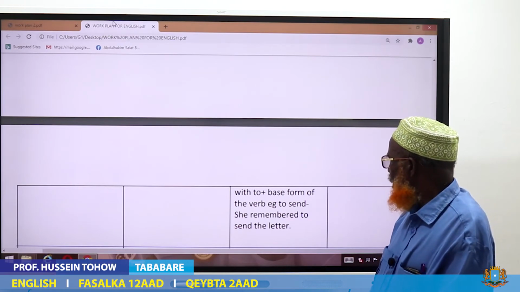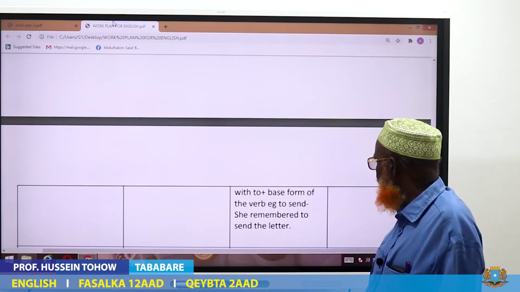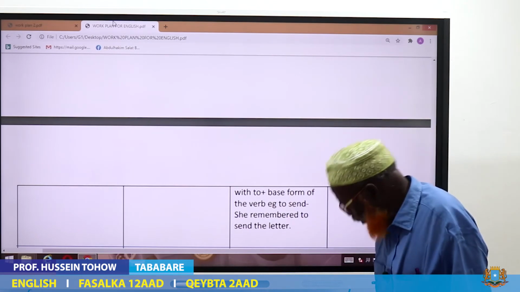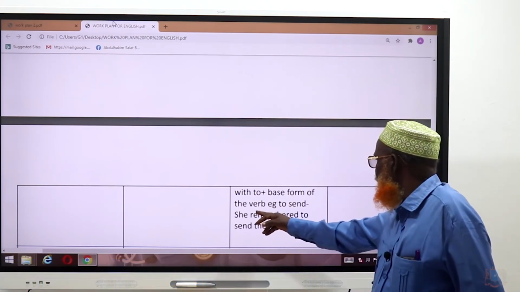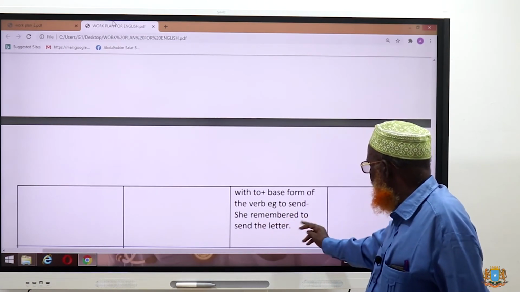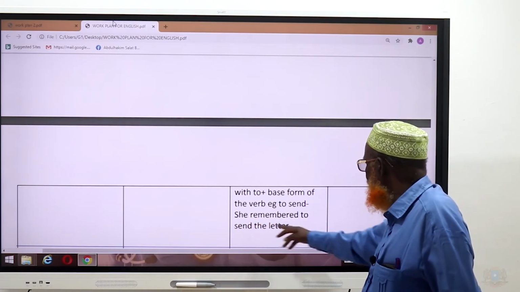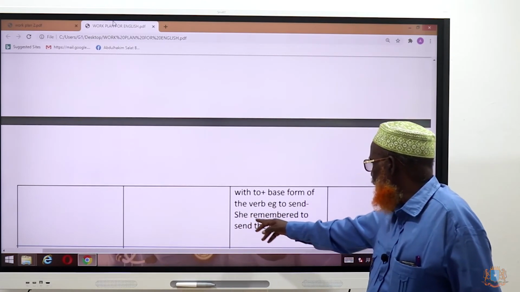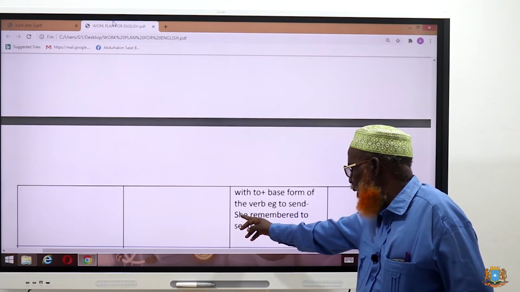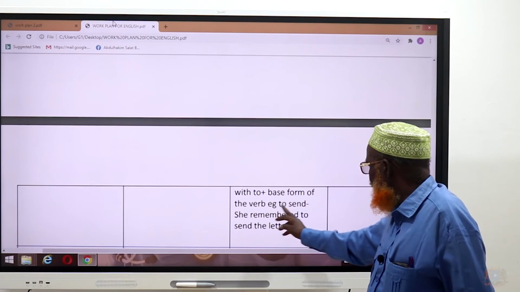If we look here, we have to plus the base form of the verb. The base form of the verb here is send. So she remembered to send the letter. She is the subject. Remembered is a verb.